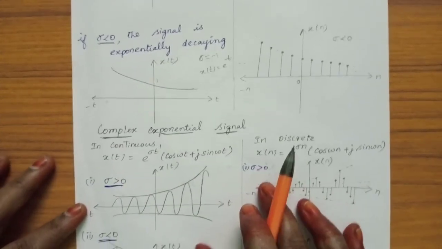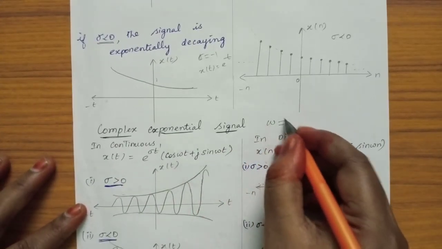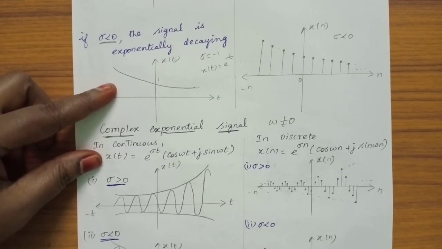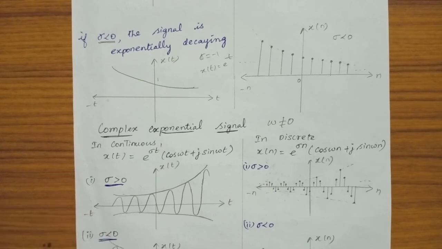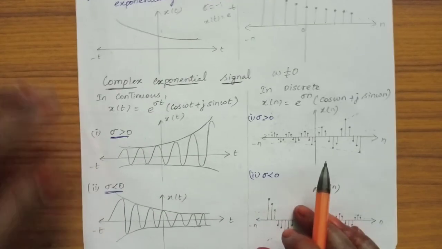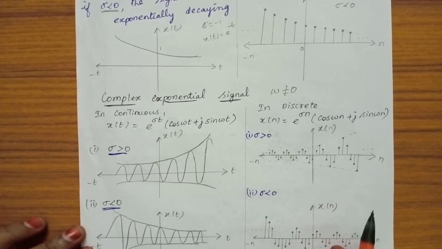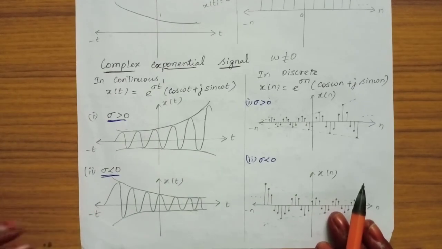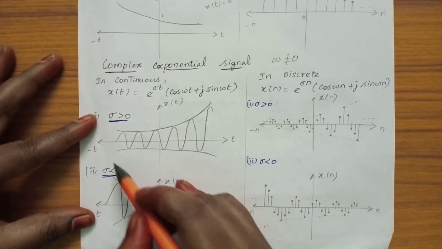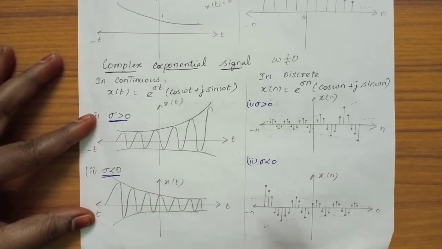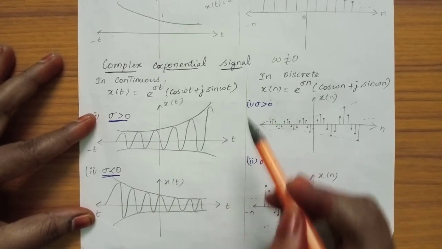If omega is not equal to 0, we will have an imaginary part also. Here only the magnitude value, the same function: when sigma is greater than 0, it's a growing exponential, and when sigma is less than 0, it's a decaying exponential. But with the frequency omega, it is going to be a growing exponential and a decaying exponential.